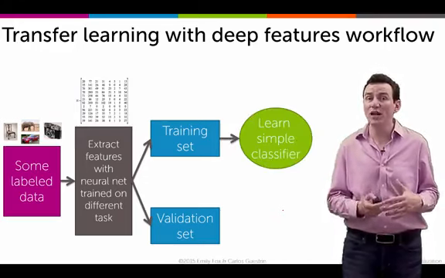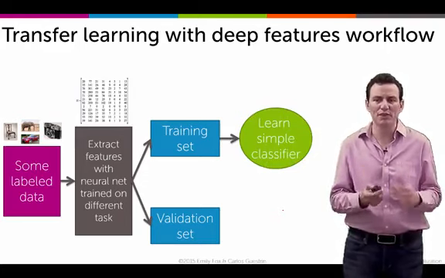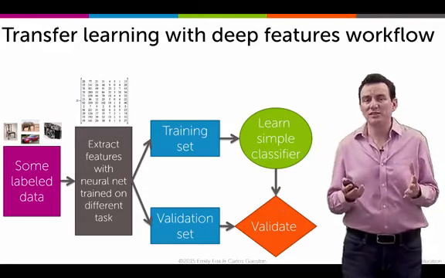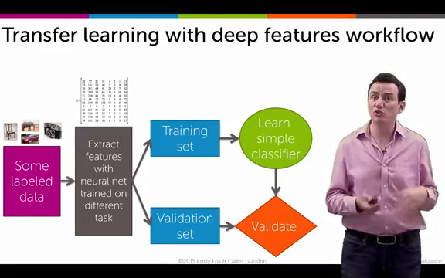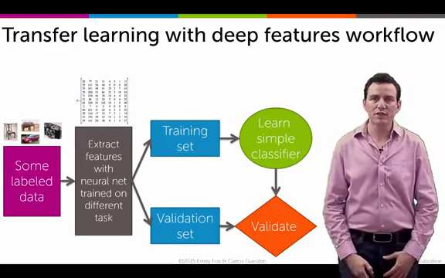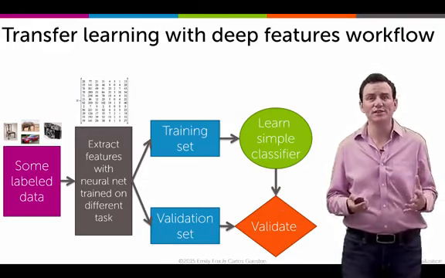I'm going to learn a simple classifier like a linear classifier, support vector machines, linear regression, simple things. And as I validate it, since it's a simple classifier, there are not many parameters to tune, so it's pretty easy to do, can be learned with little data and do quite well. And in fact, we've seen application after application where this idea works extremely well.